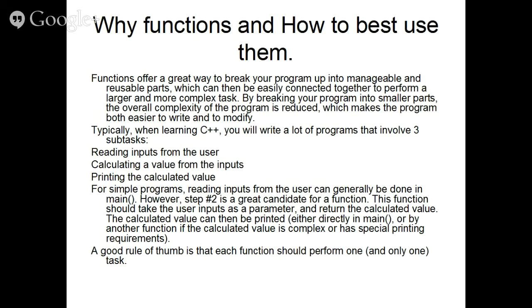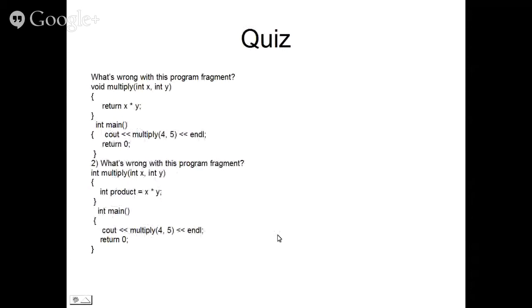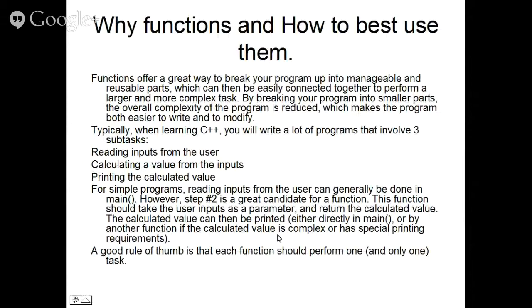Calculations can be done in a function because they might be required again and again. This function should take the user inputs as parameters and return the calculated value. Then the calculated value can be either printed directly in main, or you can write a separate function for displaying the value. If the display is complex and you want to pass multiple parameters for display, it makes sense to write that also as a separate function.